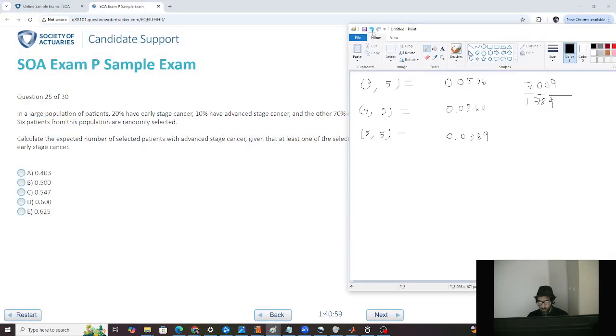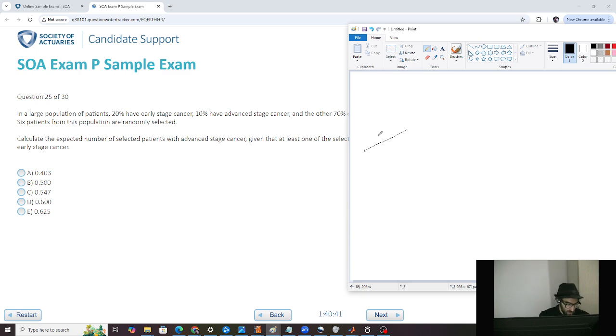And so now what I would say here is that overall, right? If we didn't know that at least one had early stage cancer, the overall answer would be 0.6.